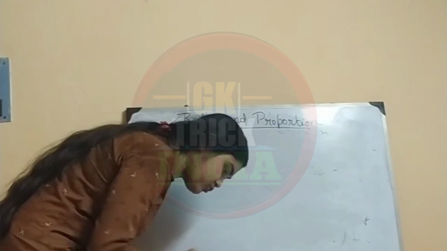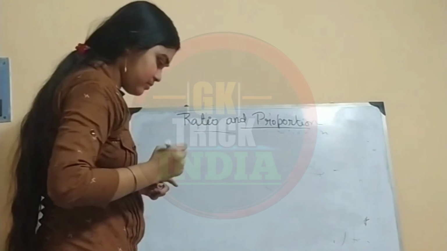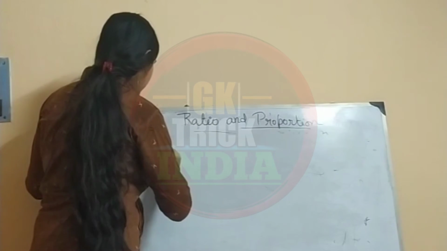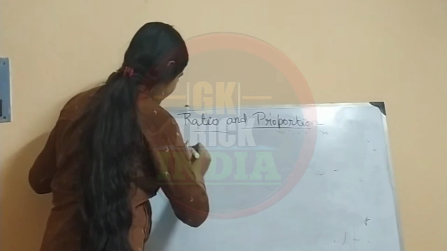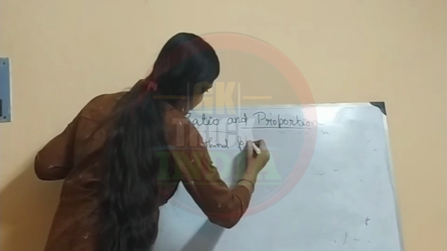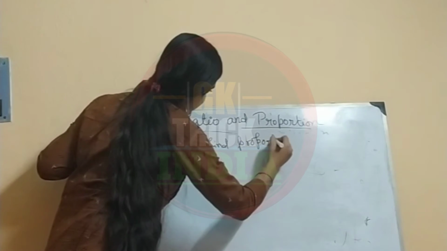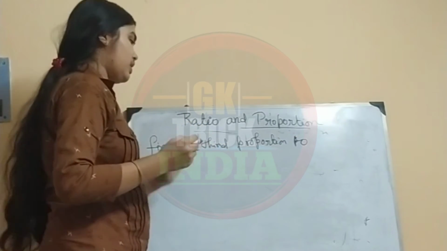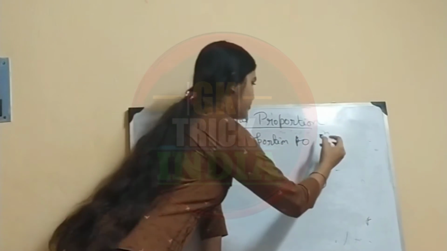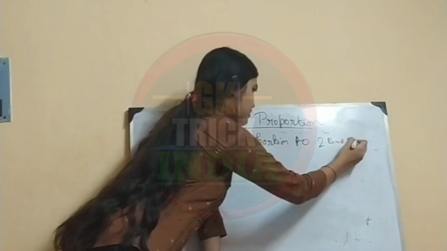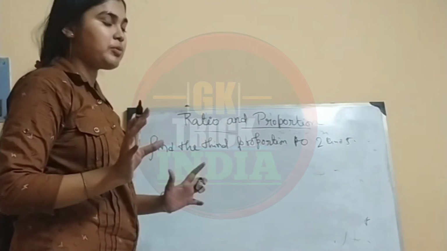Okay, 3rd proportion. Find the 3rd proportion to, let me take, 2 and 5. So similarly, let the 3rd proportion be x.